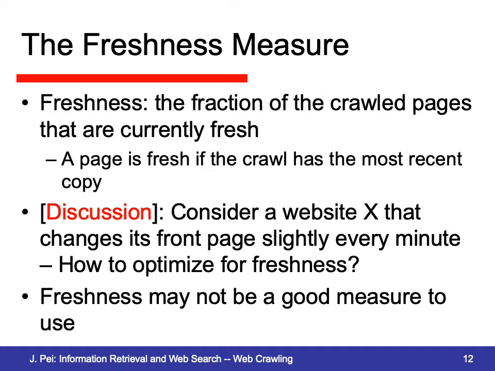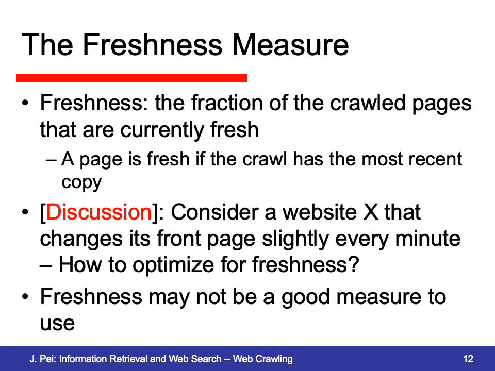Let's consider one situation. Suppose we have a website X. X changes its front page slightly every minute. How to optimize for the freshness in this case? One interesting observation here is that unless a crawler continuously crawls X, it will almost always have a stale copy of the page.